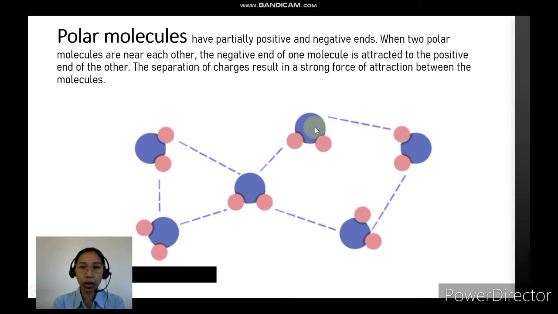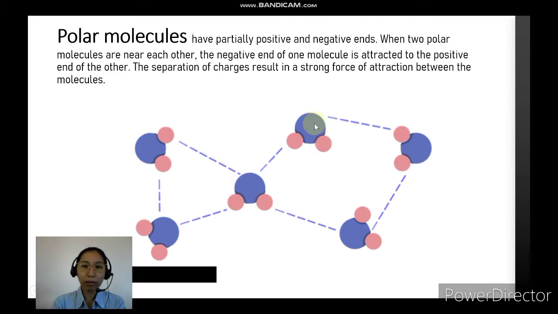The hydrogen here is partially positively charged, and the blue here is your oxygen atom, and this is partially negative, and these are your hydrogen atoms, which are partially positive. It's like a magnet where opposites attract, no?